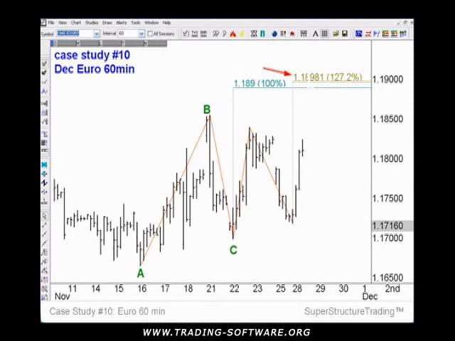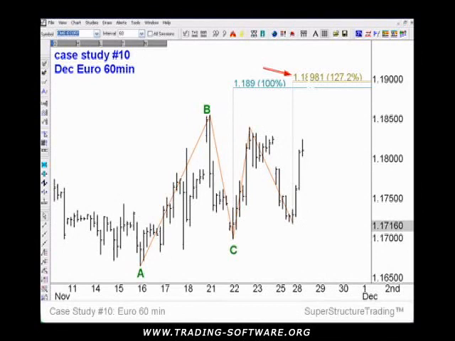If we are focusing in on the 100% of the dominant measure move, we want the supporting structure to at least have some sort of overextension. And the 1.27 is the first overextension.